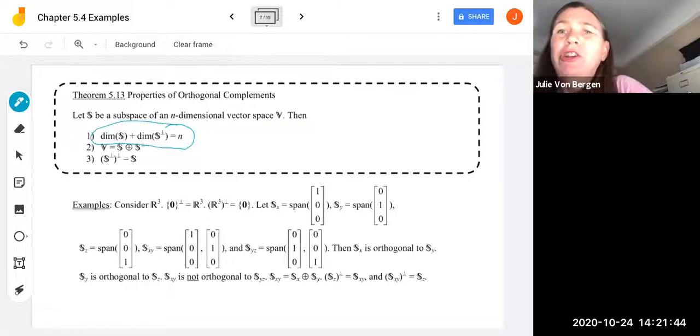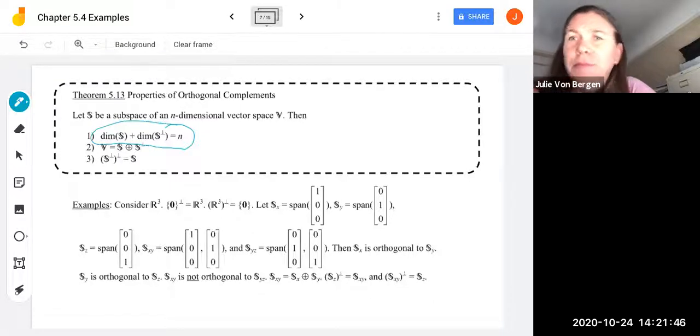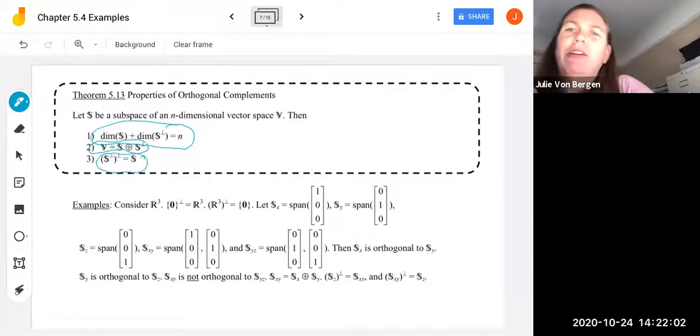So the dimensions add up to n. Then our vector space V is a direct sum of S and S perp. And then, of course, the complement of the complement just takes you back to the vector space S. So you can say the complement of the complement is the original set S.